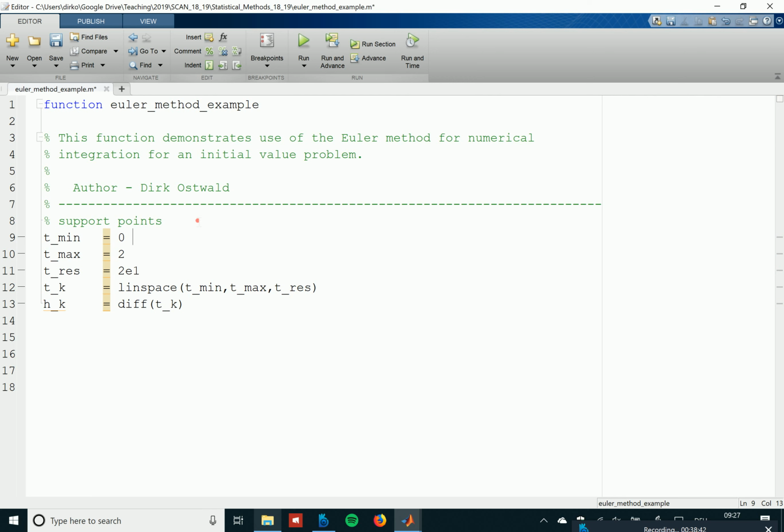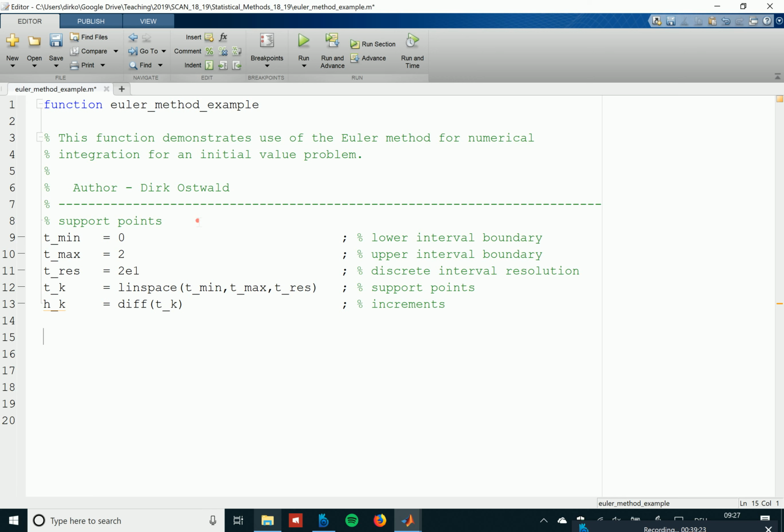So let's comment a little bit here. Lower interval boundary. Upper interval boundary. Discrete interval. These are then our support points. And these are also called increments, or distances between the TK.